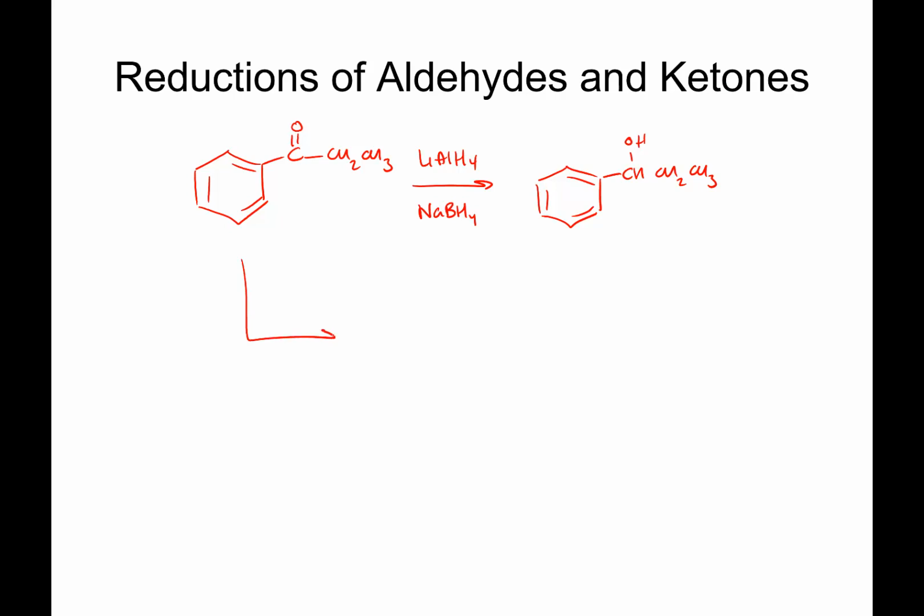If you want to completely reduce the carbonyl group to a CH2 group, what reagent do you need to use? Wolff-Kishner or Clemmensen. So there's a couple ways that we can reduce aldehydes and ketones: one to form an alcohol, one to form the CH2 group. And those are both review reactions that we have talked about.